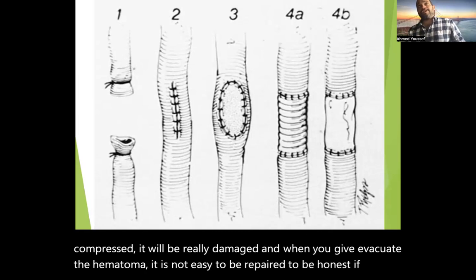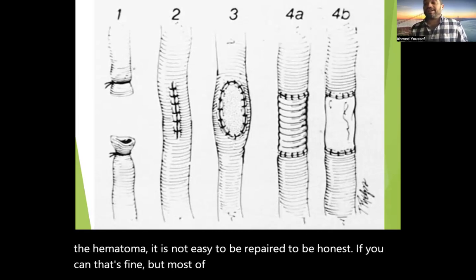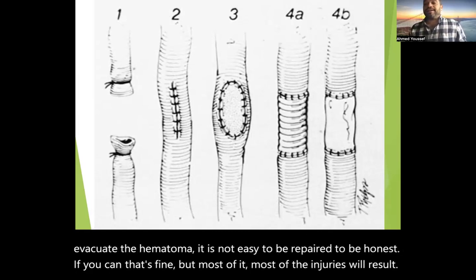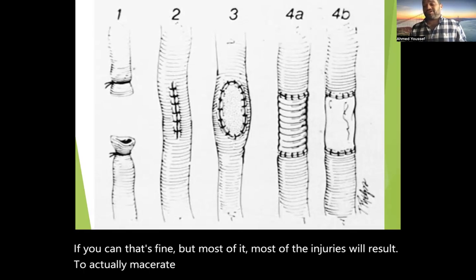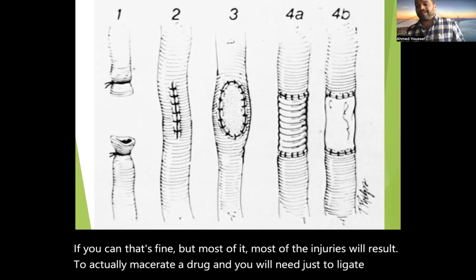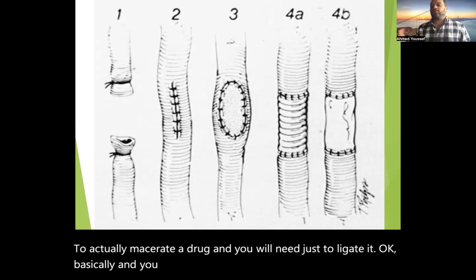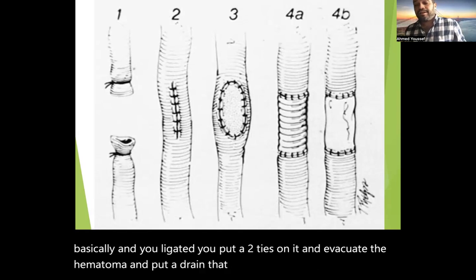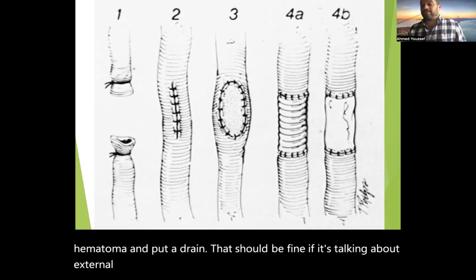If you can, that's fine, but most of the injuries will result in an actually macerated jugular, and you will just need to ligate it. You put two ties on it, evacuate the hematoma, and put a drain, and that should be fine.